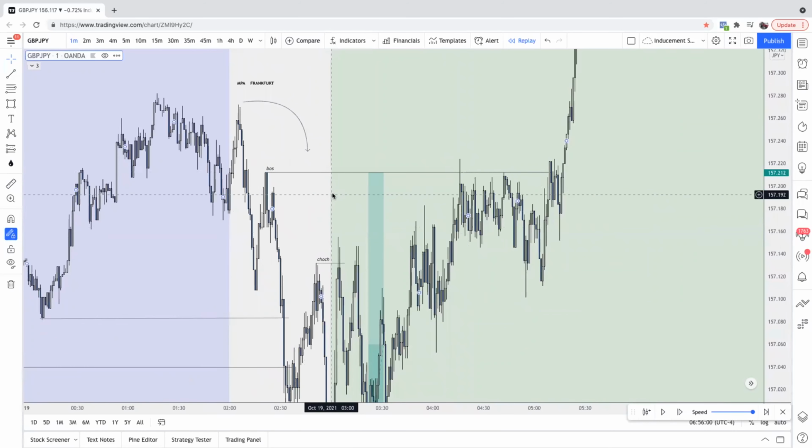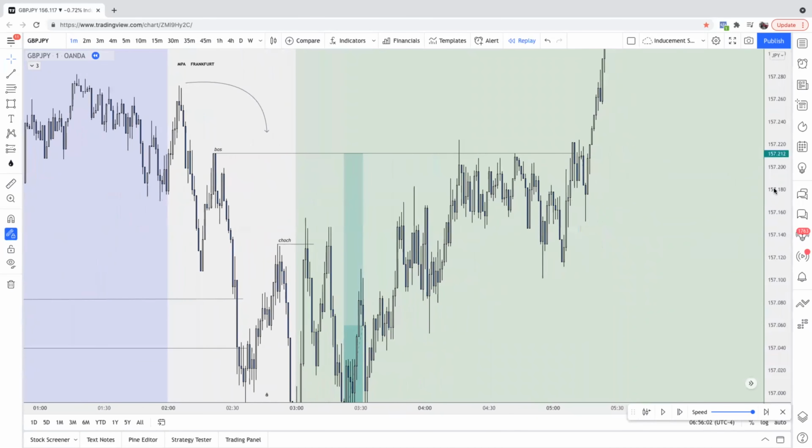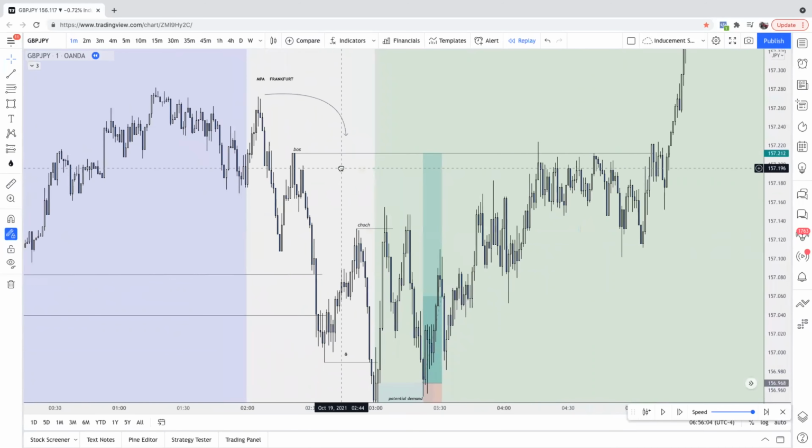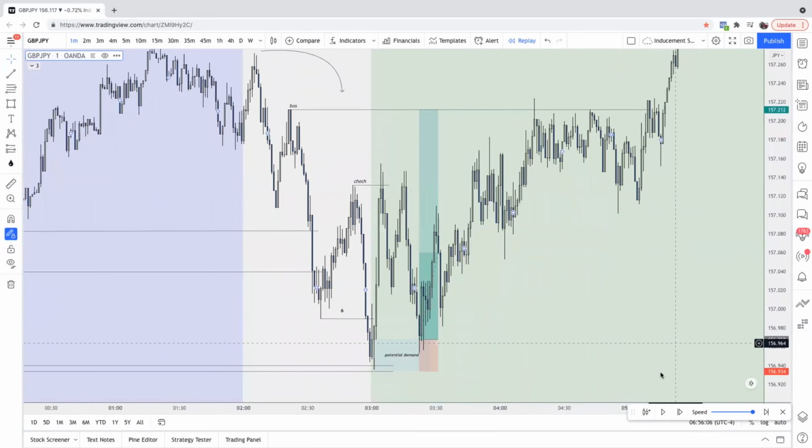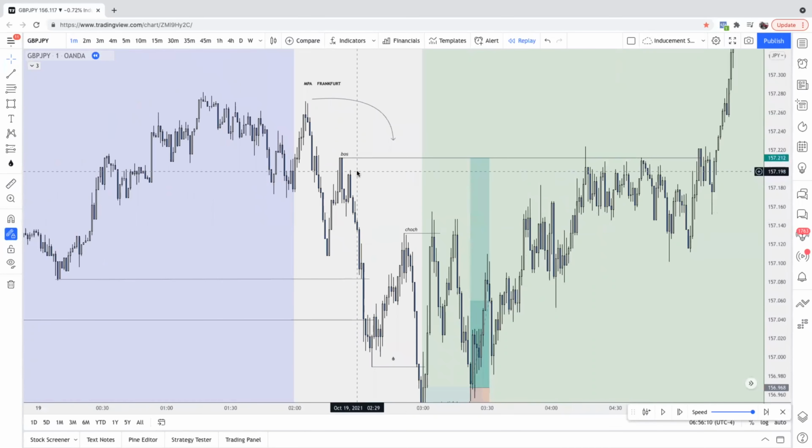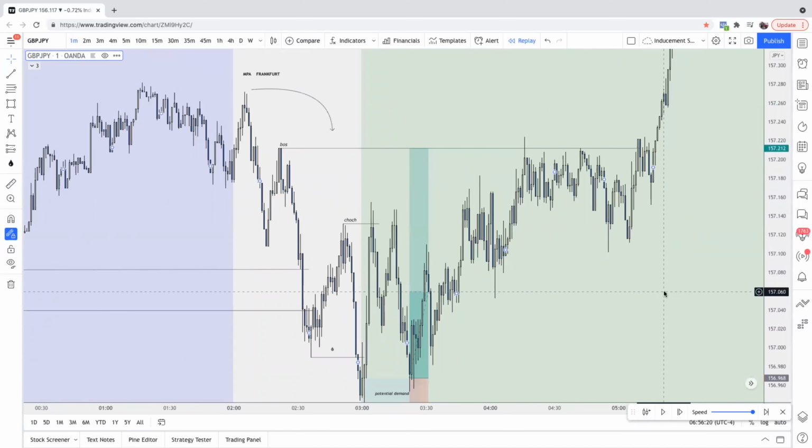Think even in terms of a seller's model, not even knowing any of this, there's inducement here. Look, right at a key level, inducement. Price then comes and runs that. Why not go lower, right?